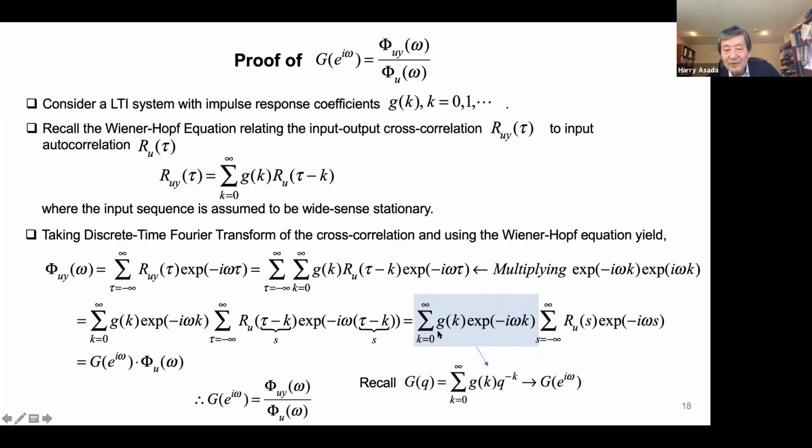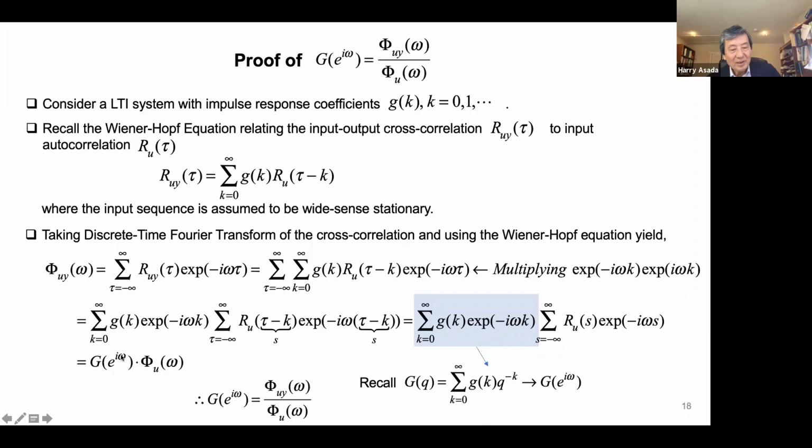So this term as a whole represents the frequency transfer function G(e^{i omega}). Please record the definition of G(q), and q is now replaced by e^{i omega}. That's exactly this expression. So to make a long story short, the cross spectrum equals the frequency transfer function G(e^{i omega}) times the power spectrum of the input.